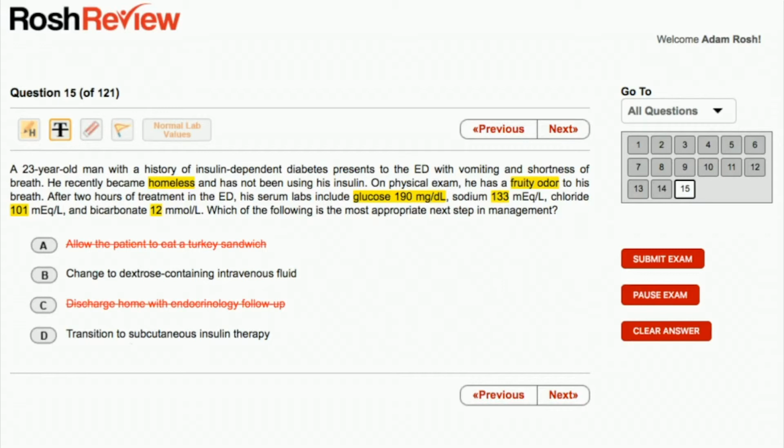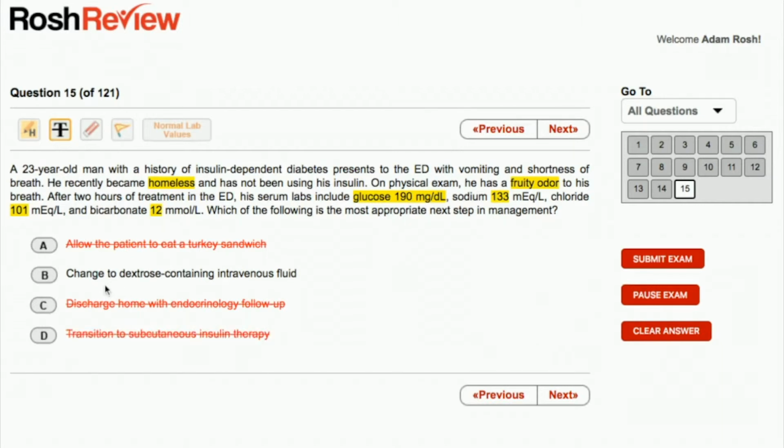But while he is still being treated for diabetic ketoacidosis, that should be done intravenously, ideally. He may be a candidate for subcutaneous insulin therapy as the anion gap is clearing and he's going to get off an insulin drip. So this is a close one, but I'm going to X this out.